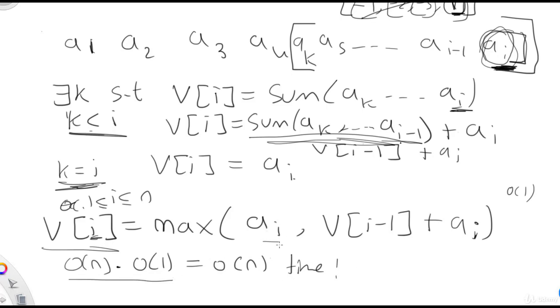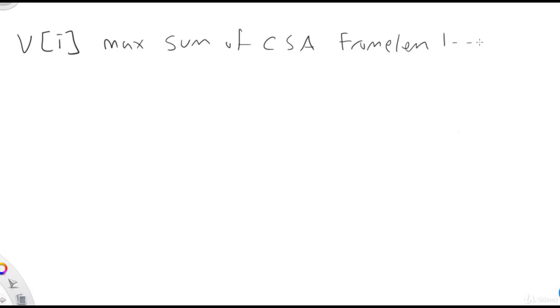But hold on a second here. You might think there's something fishy, because when I defined VI, I defined it as the maximum sum of a contiguous subarray from elements 1 to I, but ending at AI.